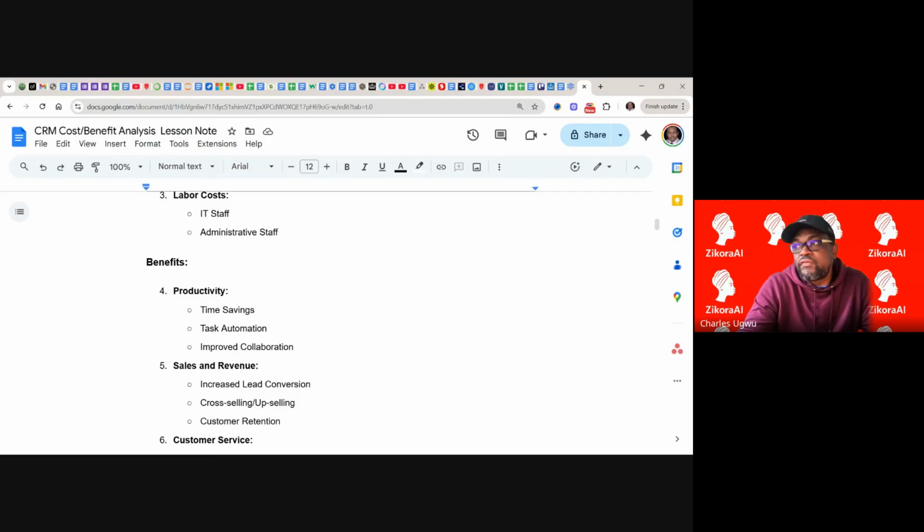For instance, if it takes 1 week to manage a lead end to end, and after the automation, it's now taking us 1 day to manage a lead, you see, we are saving 4 days' cost.